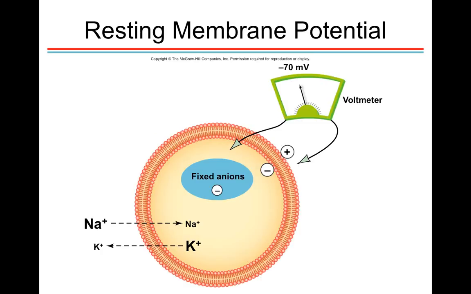So now I'd like to move on to action potentials. The resting membrane potential of the nerve cells is kept at minus 70 millivolts. And the reason these cells have a negative 70 millivolt resting potential is due, one, to the action of sodium-potassium pumps.